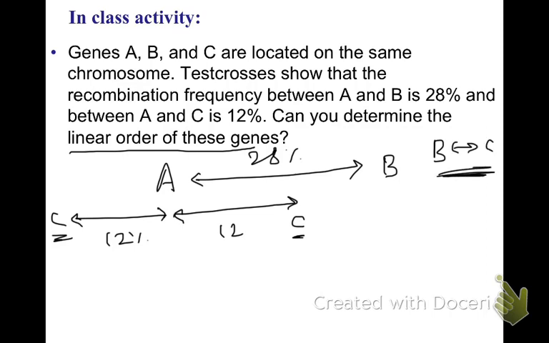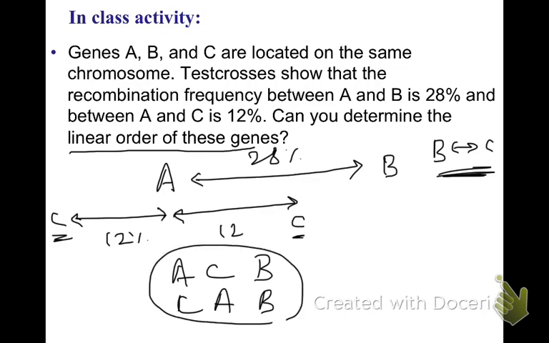Only then you can say whether it is A, C, B or C, A, B. Yeah, that's the requirement. Only when you know the third variable can you map it and find the position of the genes on the chromosome as following this sequence.